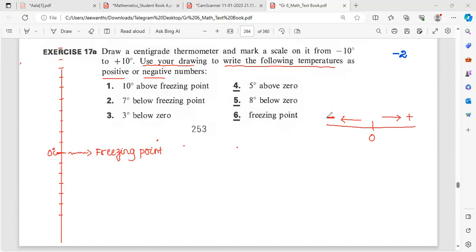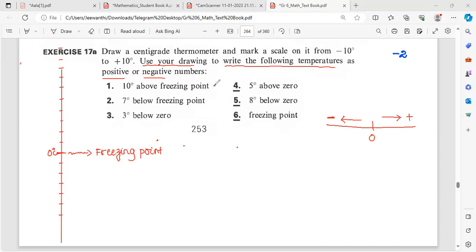In the middle I have 0, and above the 0, all the values will be positive, and the values below the 0 point will be considered as negative values. Now here they are talking about 10 above the freezing point, and we want to write whether this value is positive or negative.